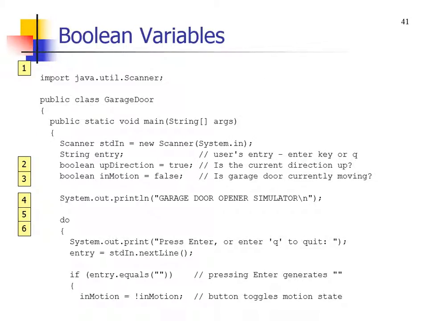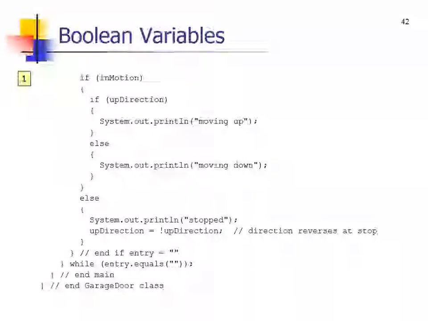All right. Garage door opener simulator. And this is all it is. Is it moving up? Is it moving down? Or else it's stopped. In motion, it's not in motion. If it's up, moving up. Else, moving down.